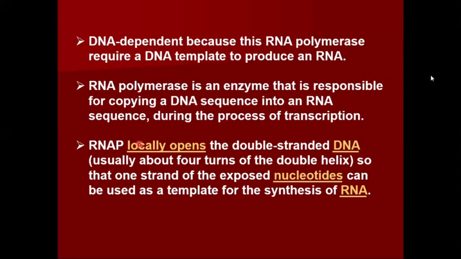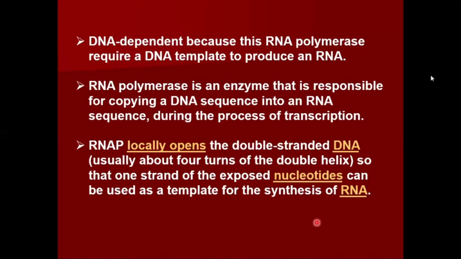RNA polymerase locally opens the double-stranded DNA, about 4 turns of the double helix, so that one strand of the exposed nucleotides can be used as a template for the synthesis of RNA. So in other words, RNA polymerase is acting like a helicase. Remember what helicase is?